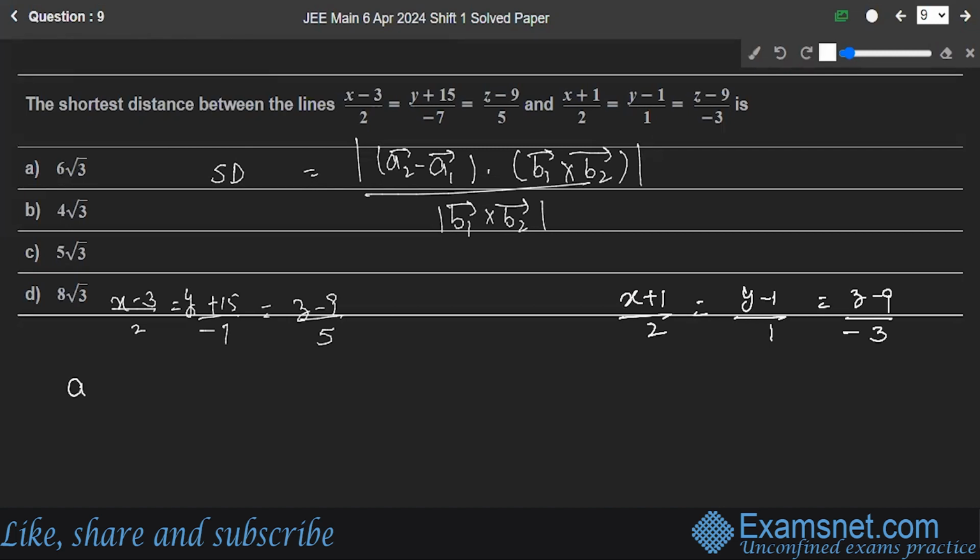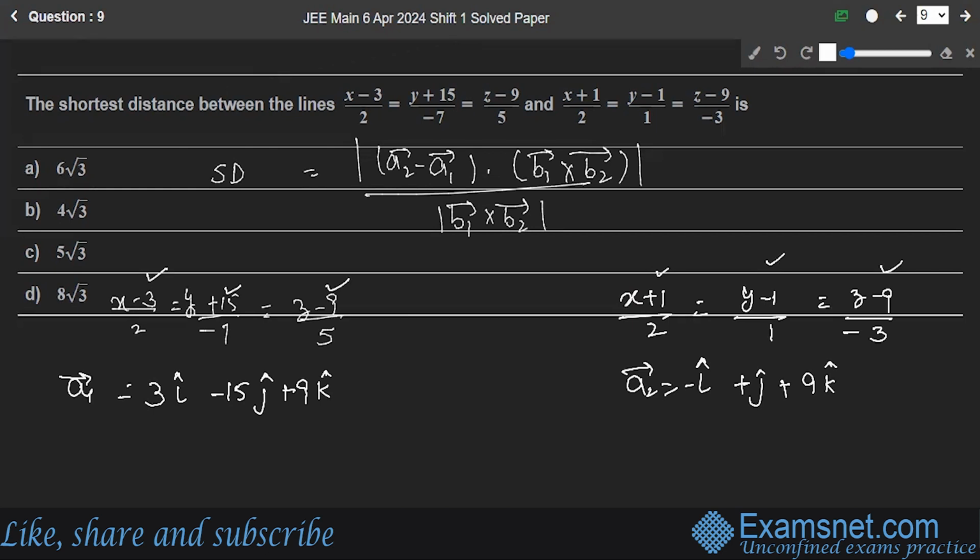So here the A1 vector will be given by 3i minus 15j plus 9k. And what is A2? This will be minus 1, 1 and 9. So this will be minus i plus j plus 9k. Right.